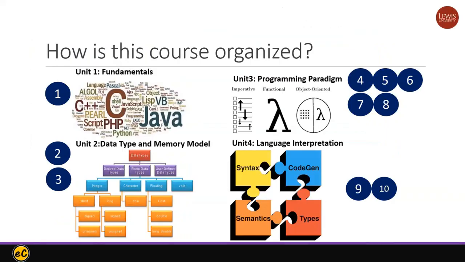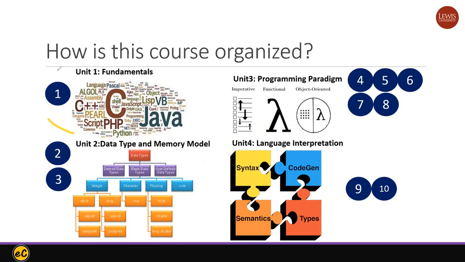So how is this course organized? We will have units 1, 2, 3, 4. In the past, 2017 to 2019, I taught programming language interpretation first, and then went back to teach other things, but now I changed the order.